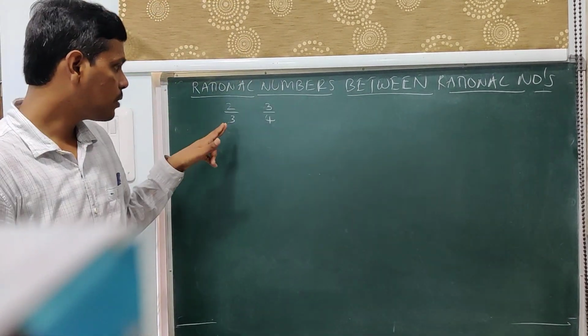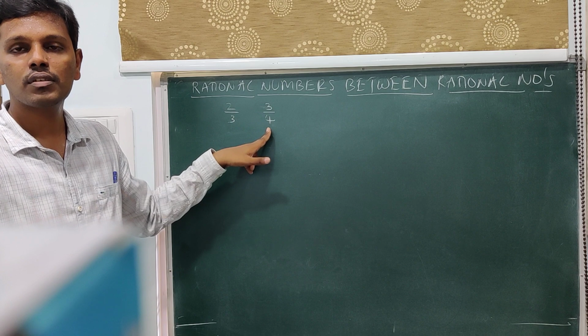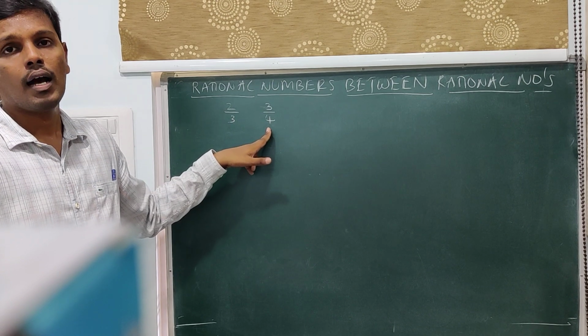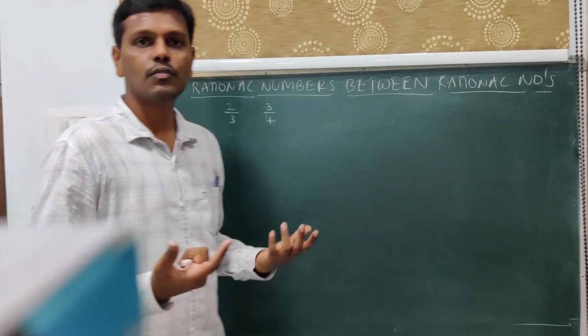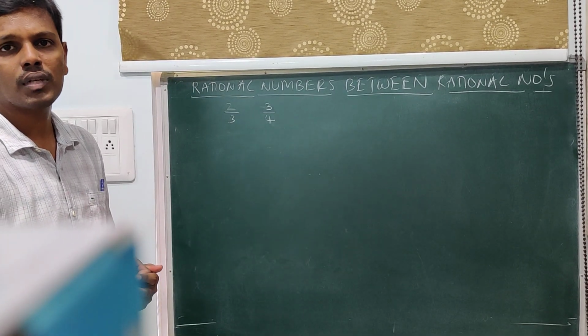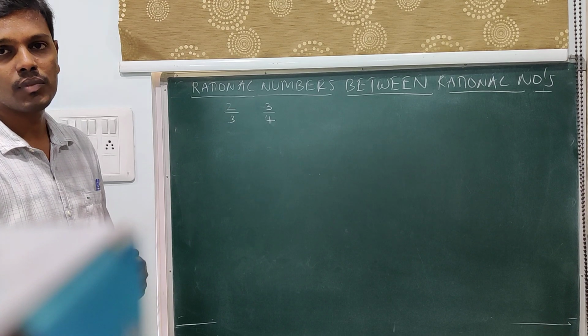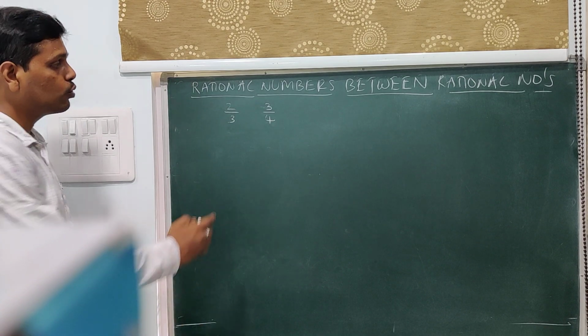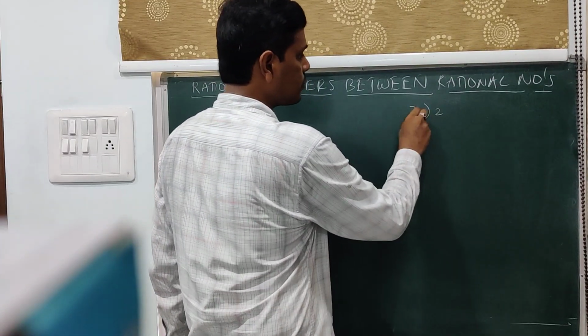So if you are able to convert these two numbers into their respective decimal expansions, it is very easy for us to write any number of terminating or non-terminating repeating decimals between those two decimal numbers. That is what I am trying to do. Now 2 by 3, what do you get?